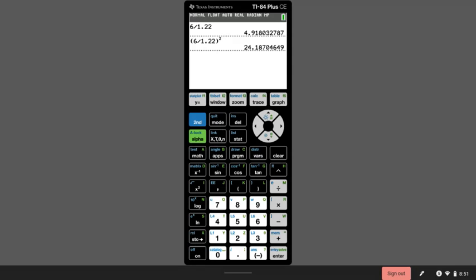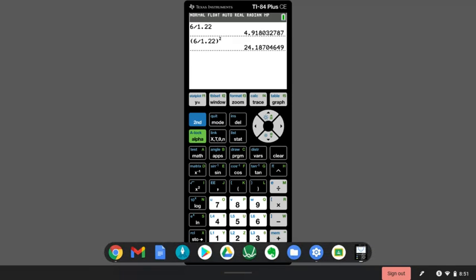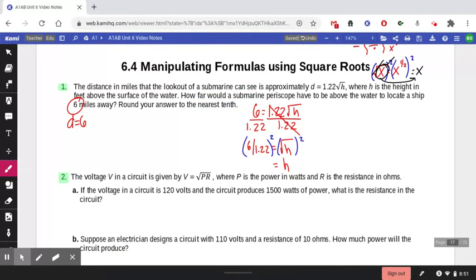We get this here, and it said in the instructions round to the nearest tenth. So the 1 is going to be rounded to 2 because of the 8. So this is 24.2. So we have h is equal to 24.2 feet. Okay, so that means in order to see 6 miles away, the periscope has to be 24.2 feet high to see that distance.